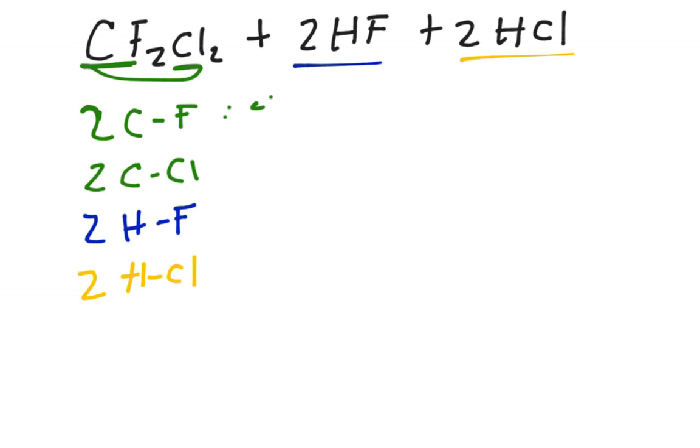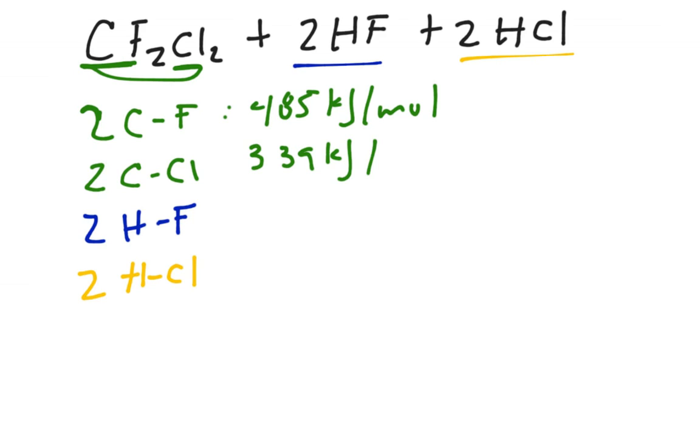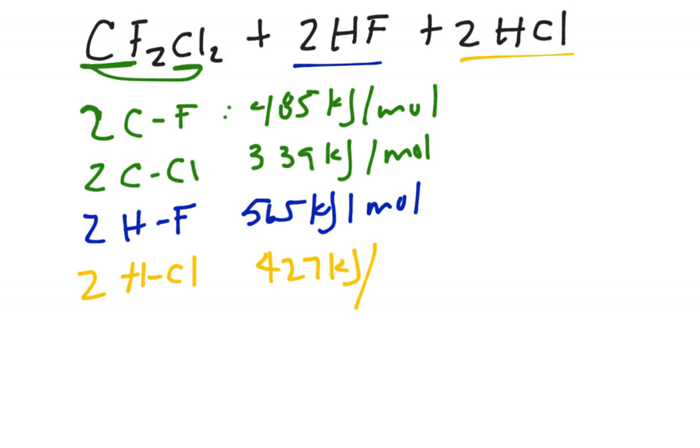This guy is 485 kilojoules per mole, 339, and this would be something that you would look up on a table. 565. If you were in a lab, you would use your calorimeter that we've used in lab to test these and to see how much you're heating up your liquid.